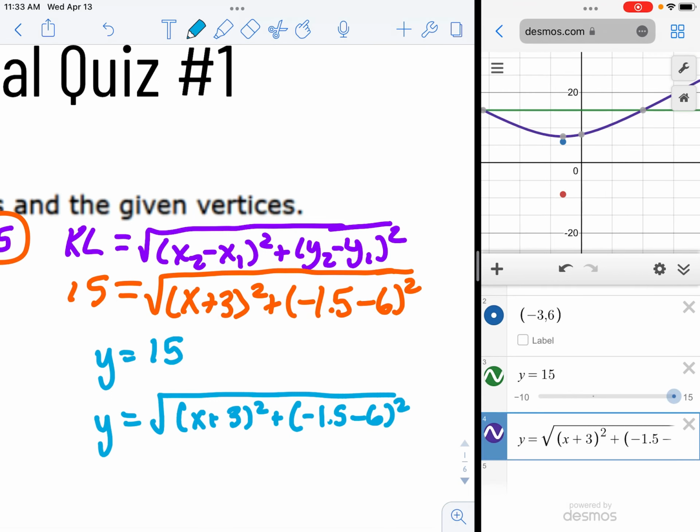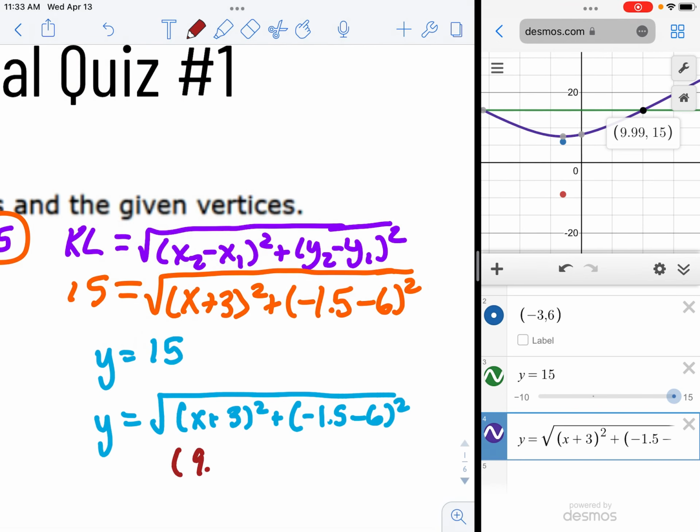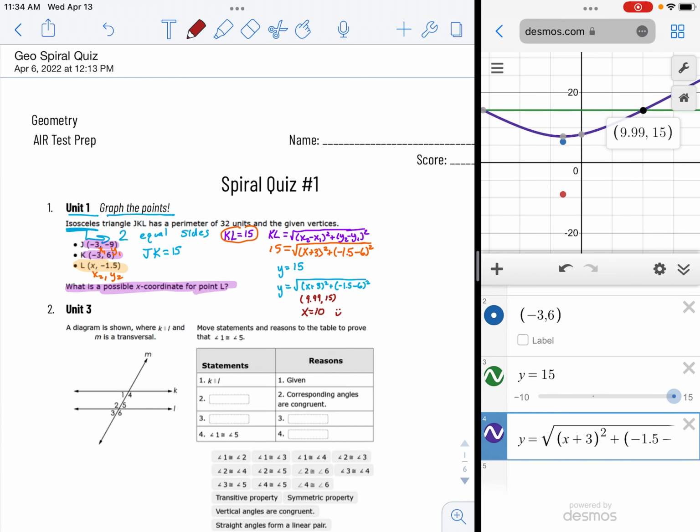Crazy things are happening, and we're going to round a little bit, because once we plug this into Desmos, we realize that we got a 9.99 comma 15. We're just going to round and say that x would equal 10. Smiley face. We can turn a really hard problem into an easy one by using Desmos as much as possible and using the given formulas.